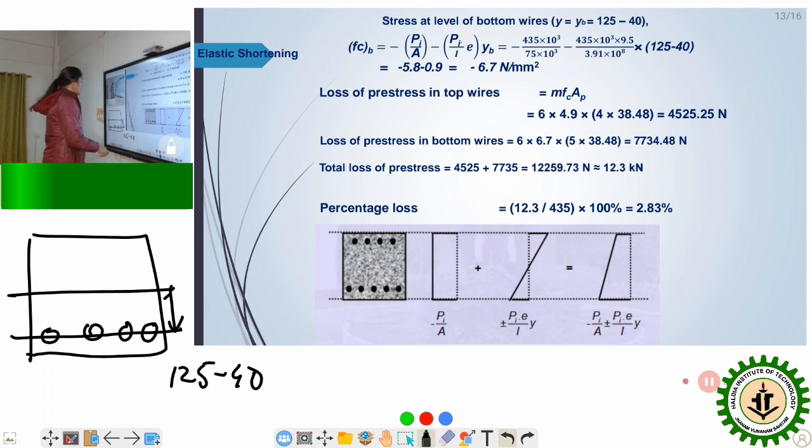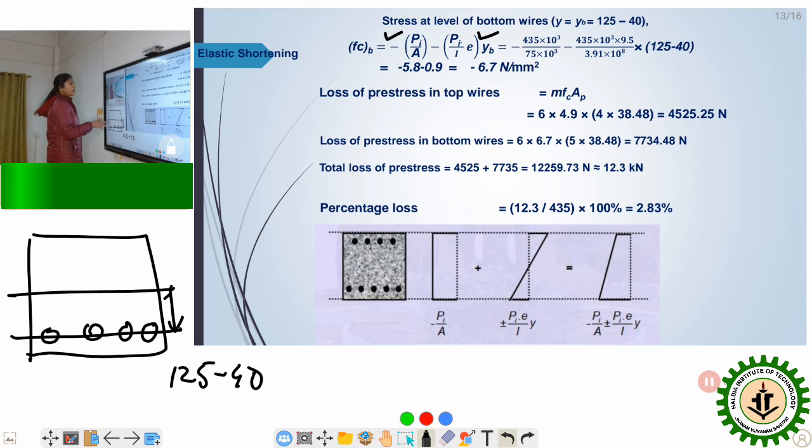Now see here, since the hydraulic jack is giving the force in the tendons, we have the axial stresses as compressive, as well as the stress generated due to the eccentricity of the steel tendons as compressive.